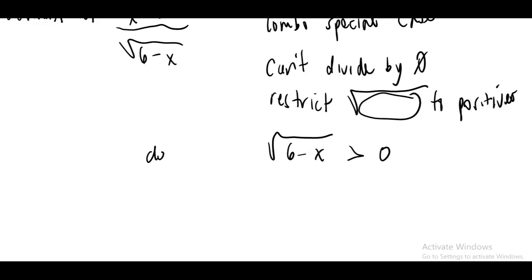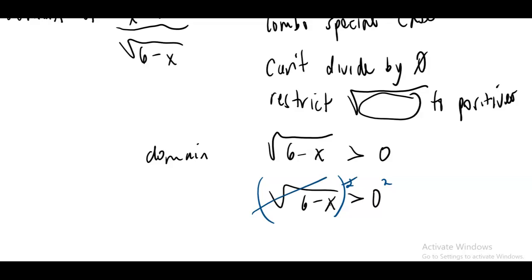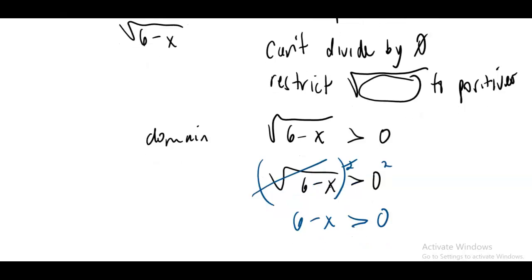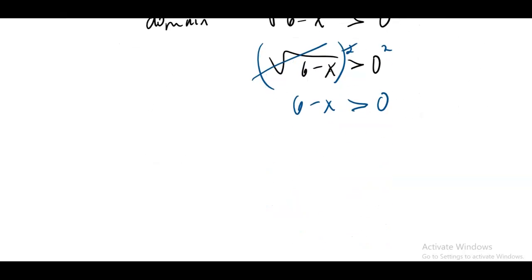And now we'll solve. The square root of 6 minus x needs to be bigger than 0. We can square both sides, and the square root and the square cancel, and we're left with 6 minus x is bigger than 0. Now we can solve by either adding x to both sides, or we can do it the longer way, which might be easier to understand, by subtracting 6 from both sides.